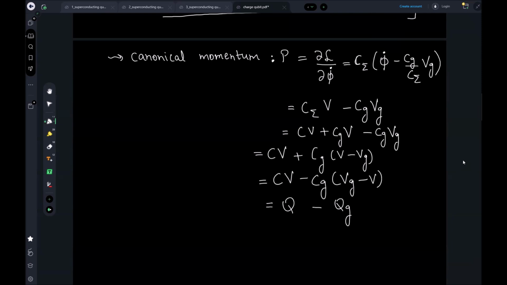So we can think of it as a charge, that is CV, minus the charge CG times VG minus V. And if you recall, CV is the charge on the capacitor C, and so V is the voltage across the capacitor C, and VG minus V is the voltage across the capacitor CG, that is the gate capacitor.